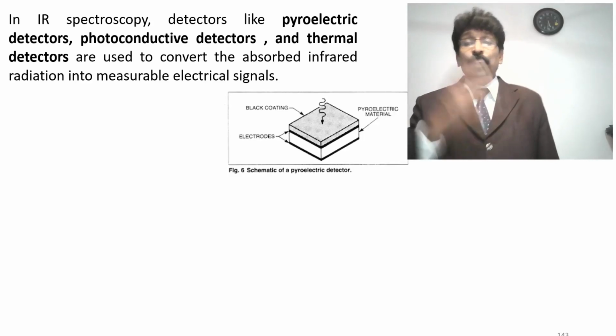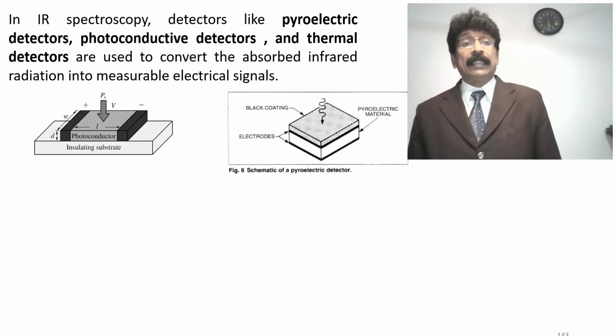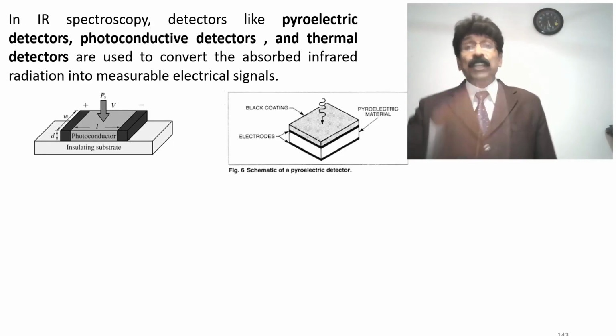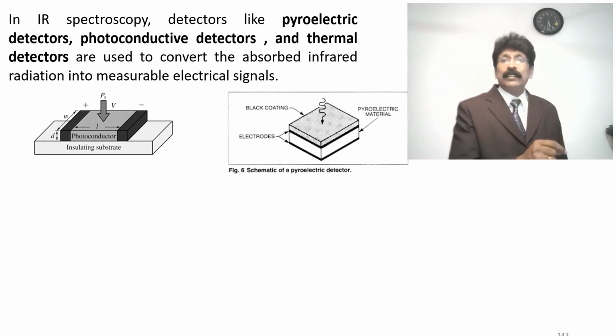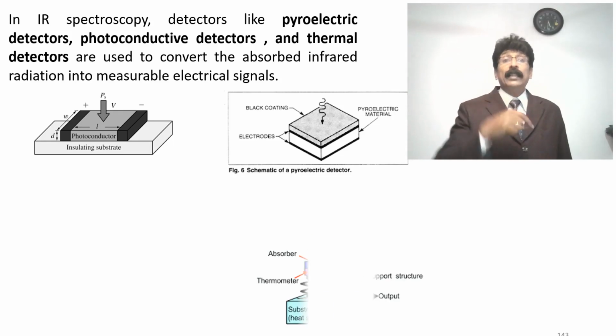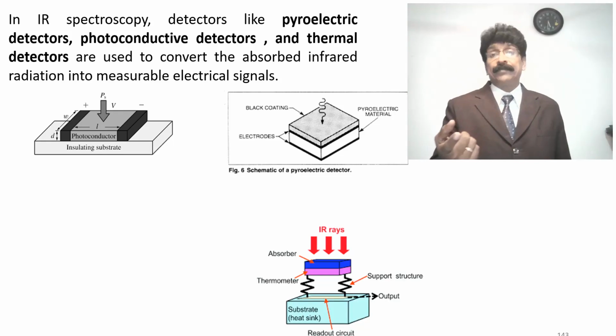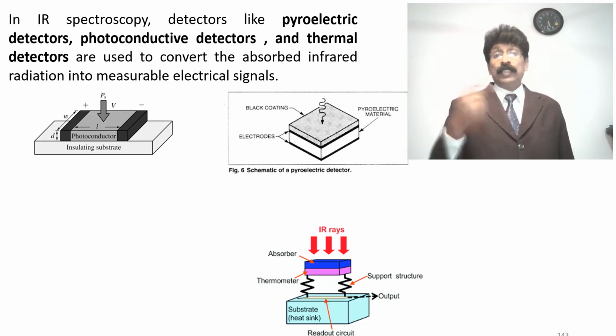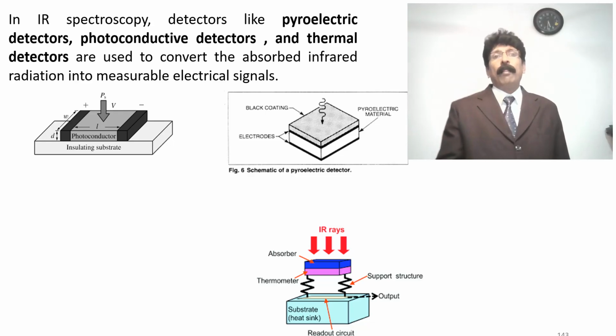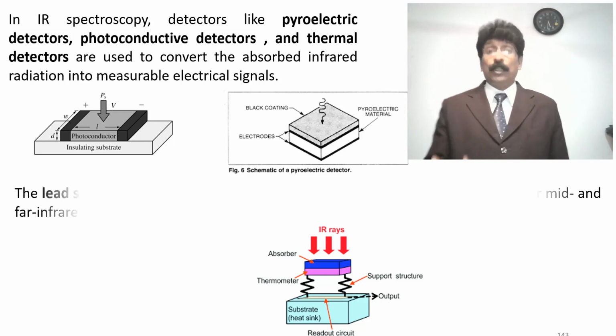We are not using a photomultiplier. By using a pyroelectric detector or a photoconductor, the emission of rays is converted to electric current. Thermodetectors can also be used.